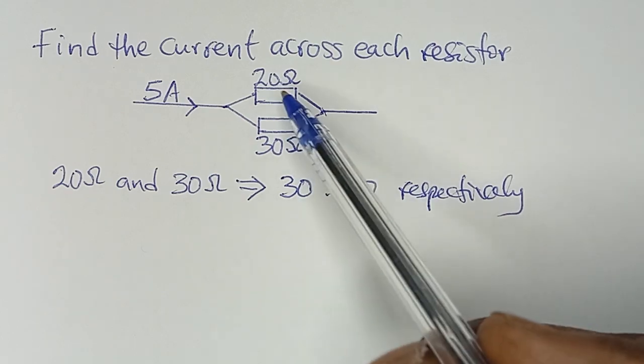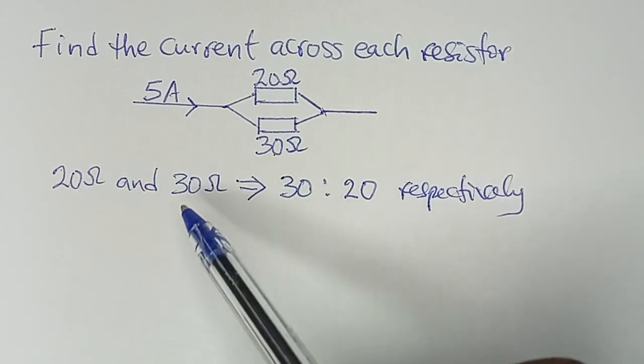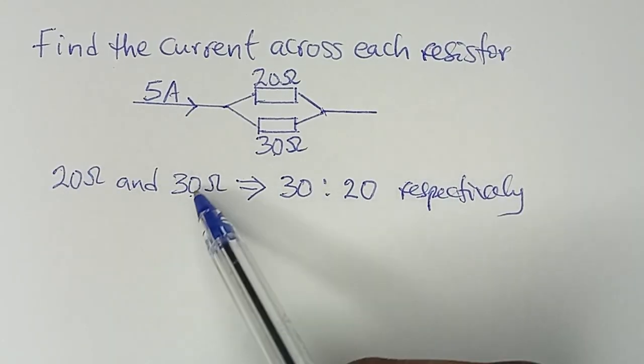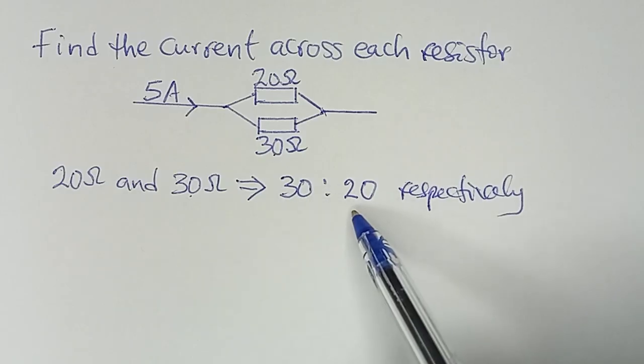So that means this 20 ohm takes the ratio 30, while this 30 ohm takes the ratio 20. So it's just like interchanging their values to get the ratio.